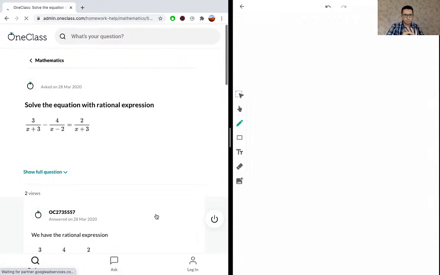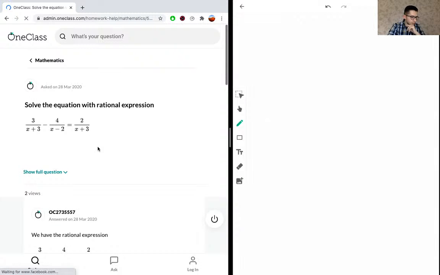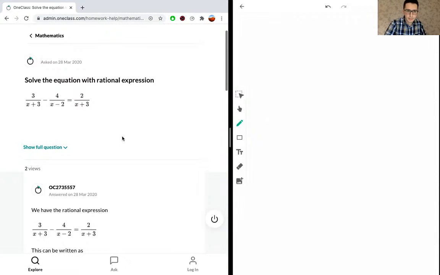Solve the equation with rational expression. All right, so this is just an algebra question. We'll start off here just writing out the equation: 3x plus 3.